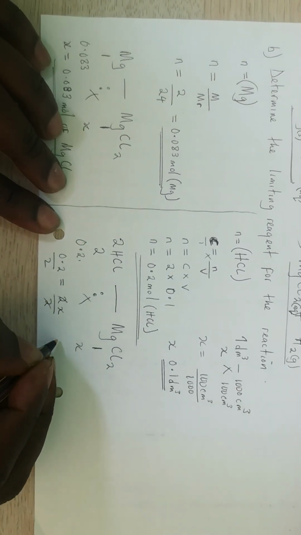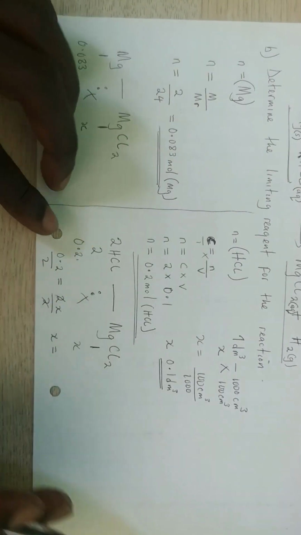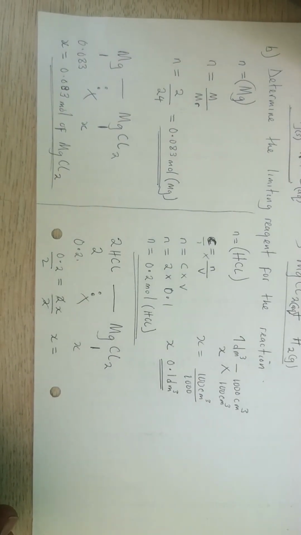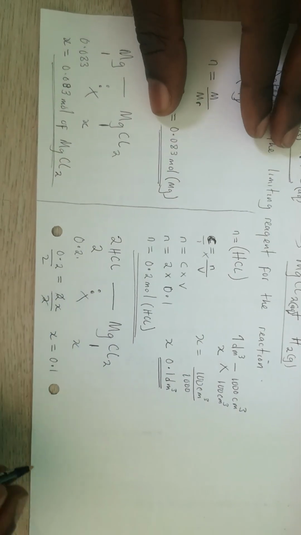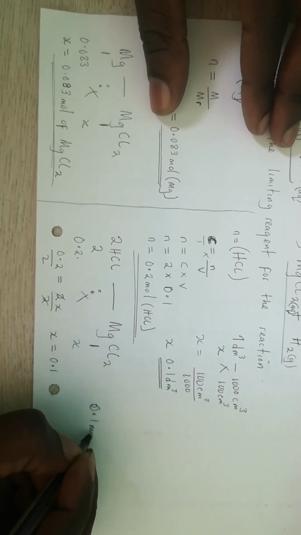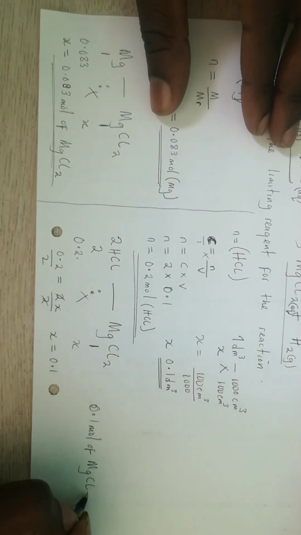So therefore, x is equal to 0.2 divided by 2. We are going to get 0.1. So in short, we are getting 0.1 moles of magnesium chloride.